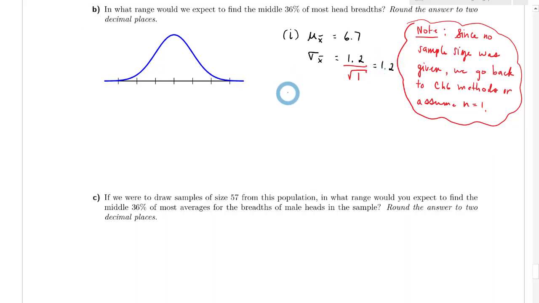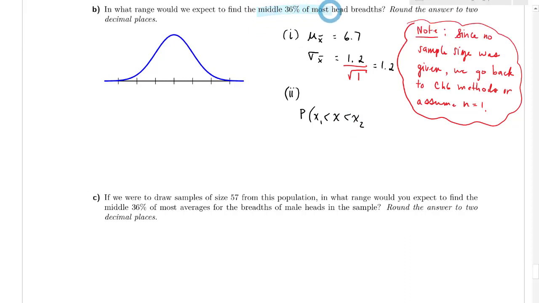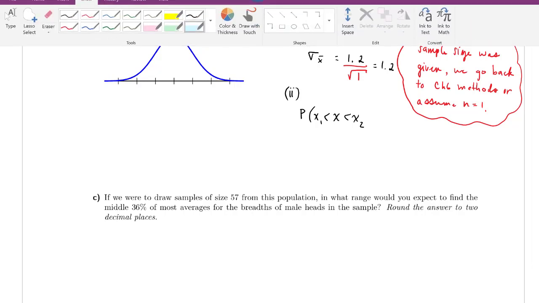And so this means that when we do our problem here and find the probability of most head breadths, not the average, but just the most head breadths is between these two values, right? Because if we're looking for the middle 36% here, that means we know it's within one standard deviation, right?